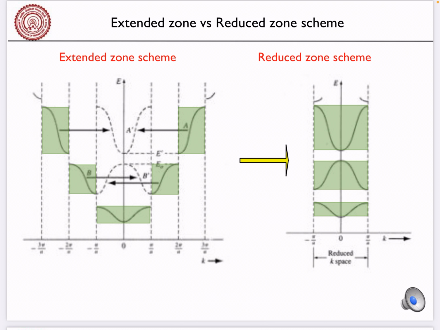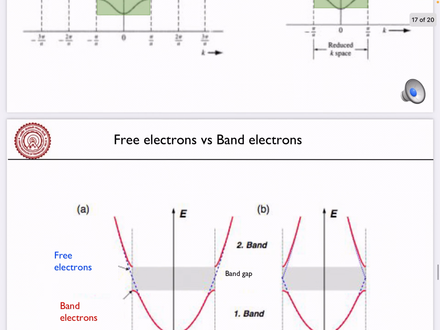All the information corresponding to the behavior of the electrons is there in the reduced zone scheme itself. Okay, so it is much simpler. You should always draw the reduced zone scheme, but you should understand the extended one too. I hope that this is clear by now.